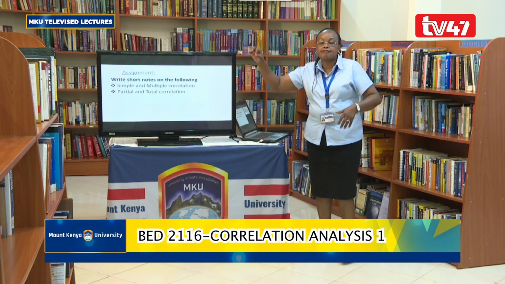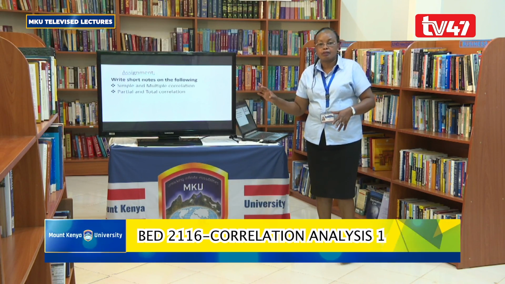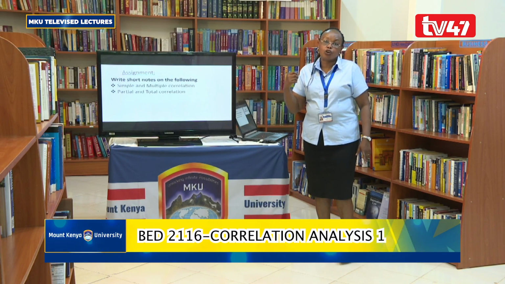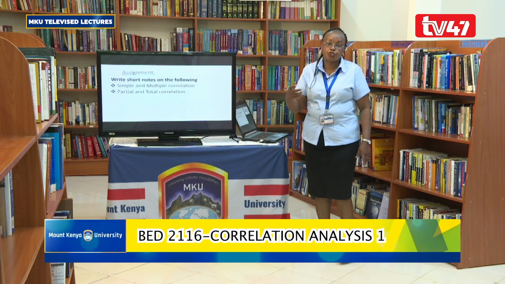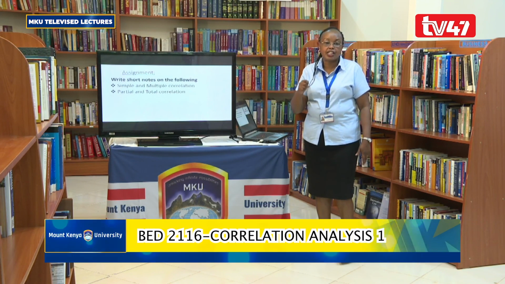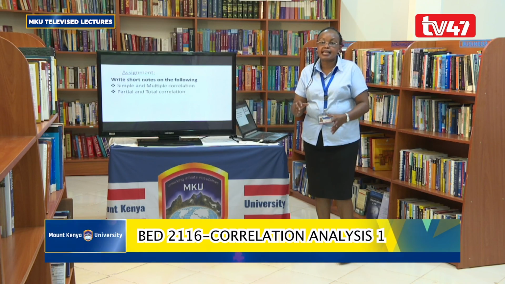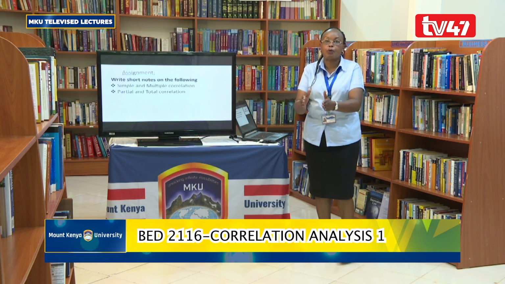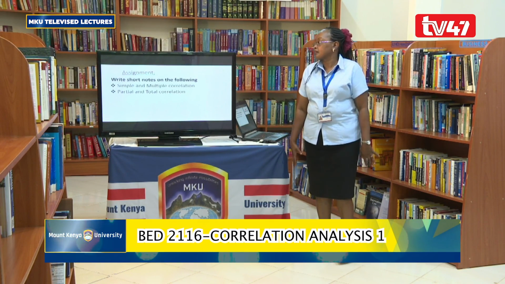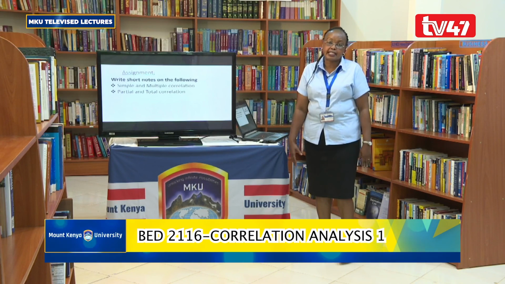Is it positive? Is it negative? Is it zero? But in my next lecture, I'll present to you the procedures you need to establish the actual number, so that when we say there's a relationship between this and this, then we say it is 0.5. How do we get it? What are the different techniques? That's what I'm going to show you next time.